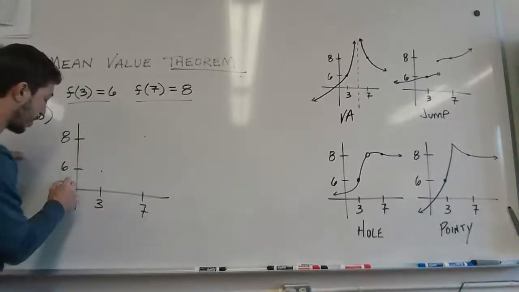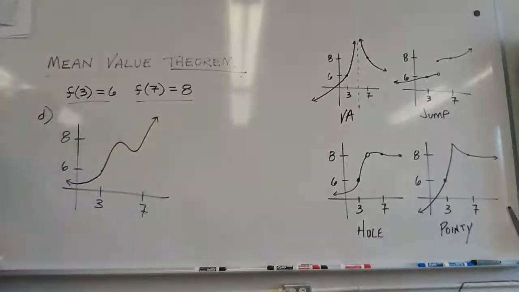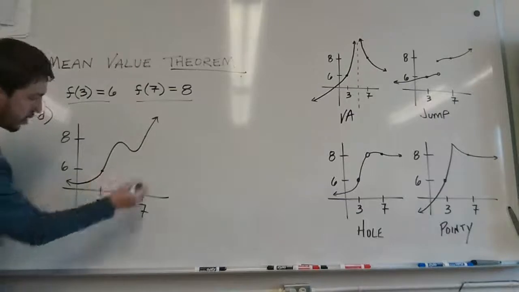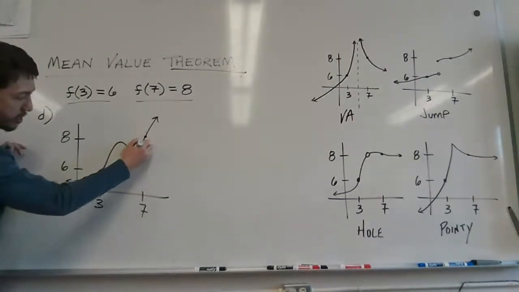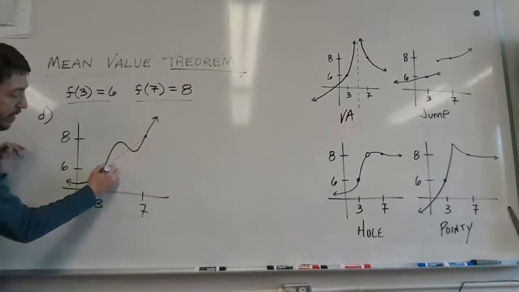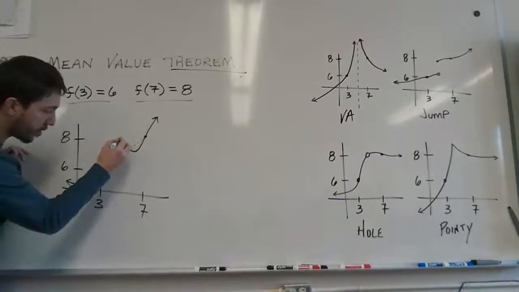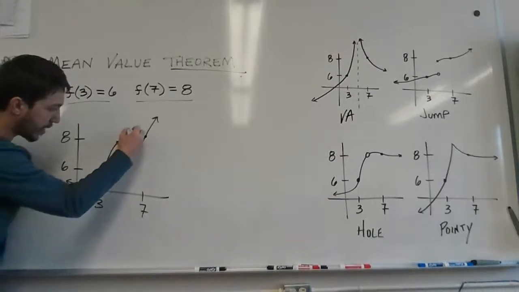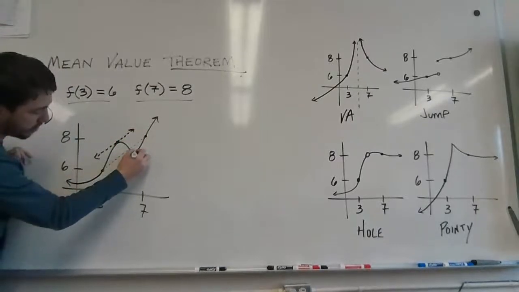So what if your graph went like that? I'm going to keep mine simple. So there's going to be 2 spots. The average rate of change is this. How many spots is the derivative equal to the average rate of change? Well, I can see right around here we have a spot, and then right around here there's a spot.